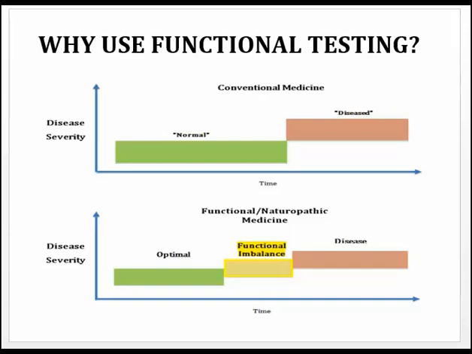So autoimmunity is a great example. You have somebody who's just not feeling well, and they keep running autoimmune testing. It's normal, it's normal, it's normal. And we know autoimmunity doesn't really poke its ugly face out until sometimes the third, fourth, or even fifth decade of life.